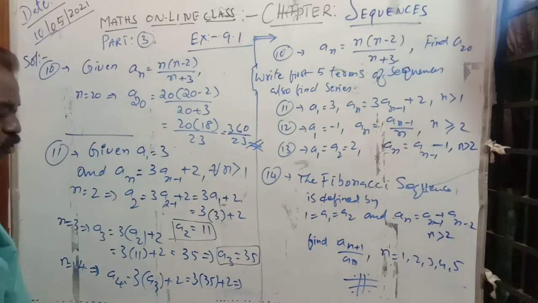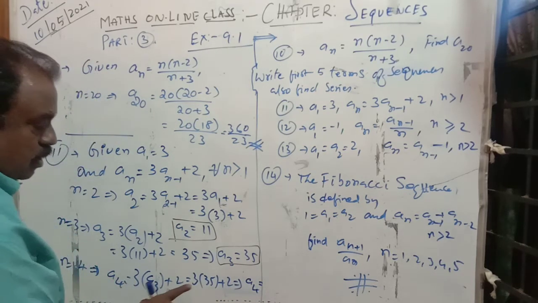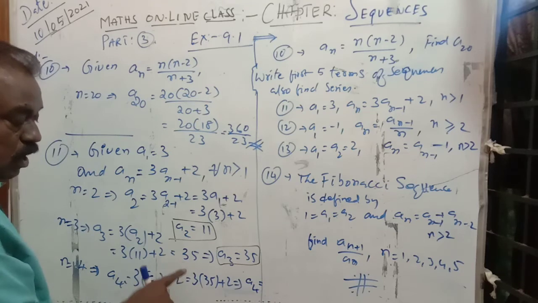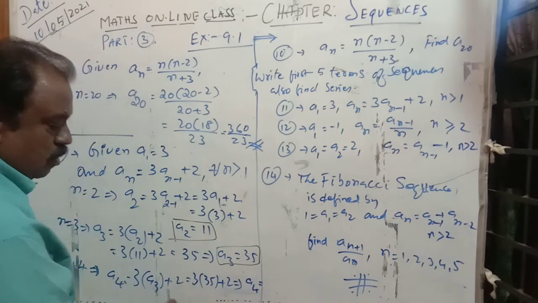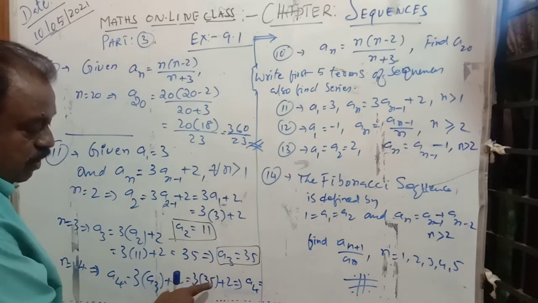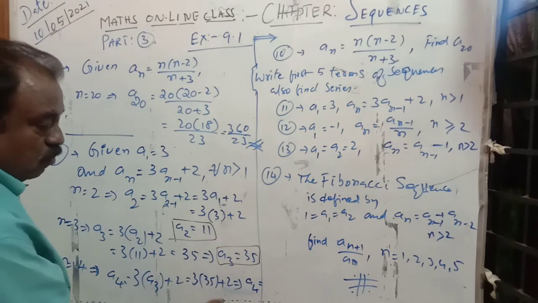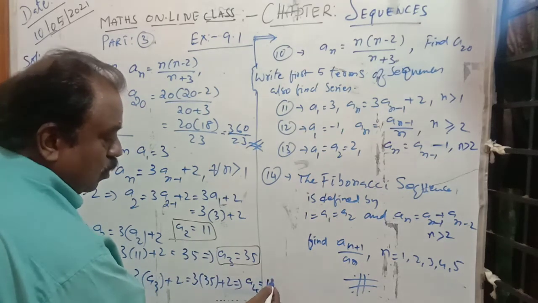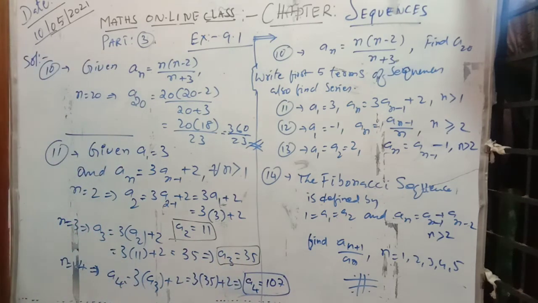So A4 is 35 times 3, which is 105, plus 2, that is 107. Now don't confuse.